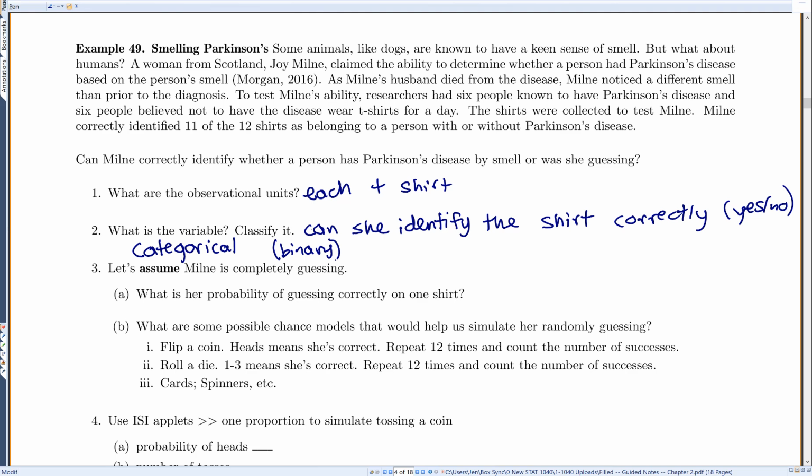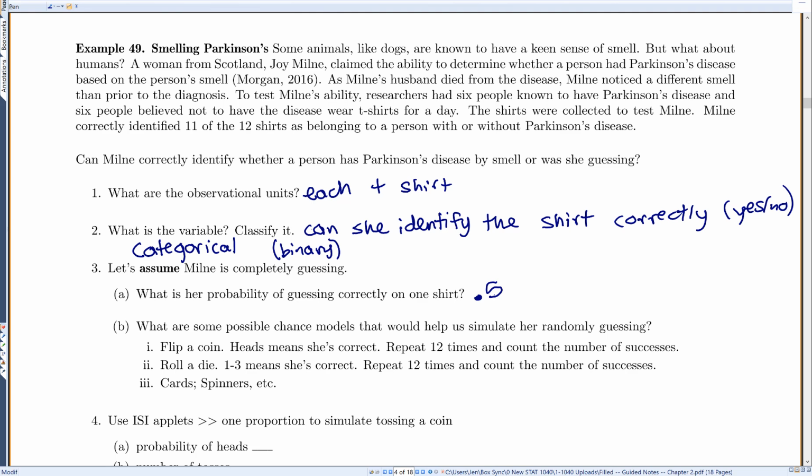So let's assume that she is completely guessing. What would be our probability of guessing correctly on one shirt? It would be 0.5. So we're going to have a model here, assuming that she's guessing, which means we're going to assume the chance of her getting each one correct is 0.5. So what are some possible chance models that could help us simulate her randomly guessing?